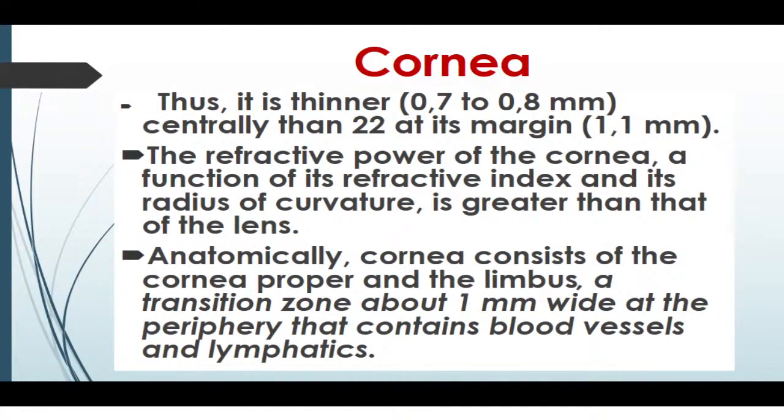The cornea is thinner centrally, 0.7 to 0.8 millimeters, than at its margin, 1.1 millimeters. The refractive power of the cornea, a function of its refractive index and its radius of curvature, is greater than that of the lens.